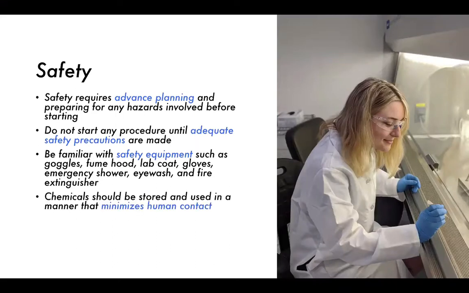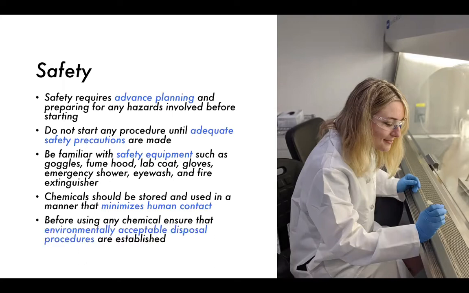Chemicals should be stored and used in a manner that minimizes human contact. This usually involves storing them in a specially designed cupboard or container. Before using any chemical, ensure that environmentally acceptable disposal procedures are established.